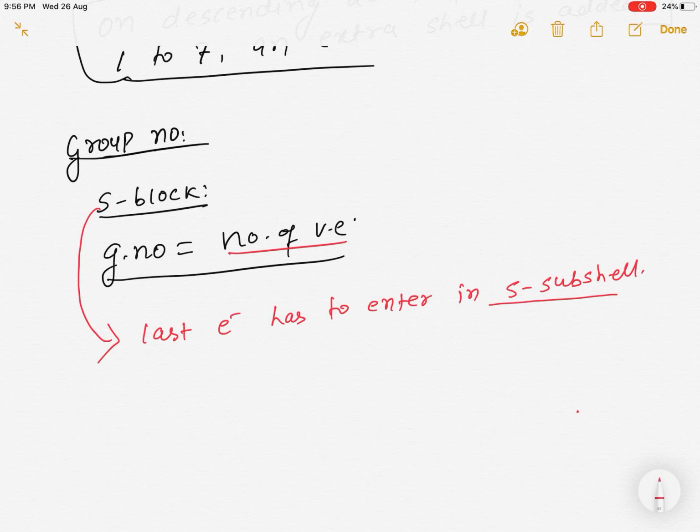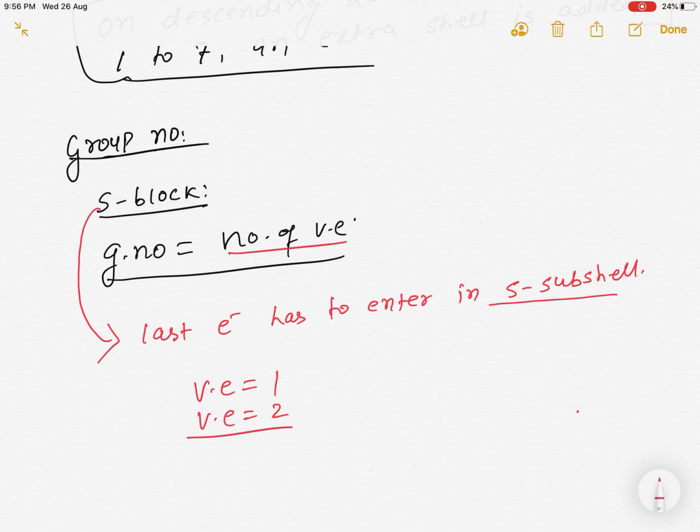We'll see through examples. First thing, if we are about to find the number of valence electrons in the S subshell only, we are left with just two possibilities. You can have either valence electron equal to 1 or valence electron equal to 2. There is no third possibility.